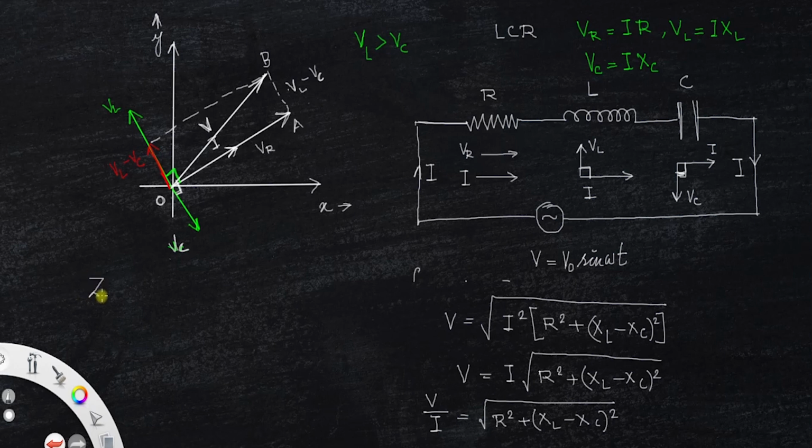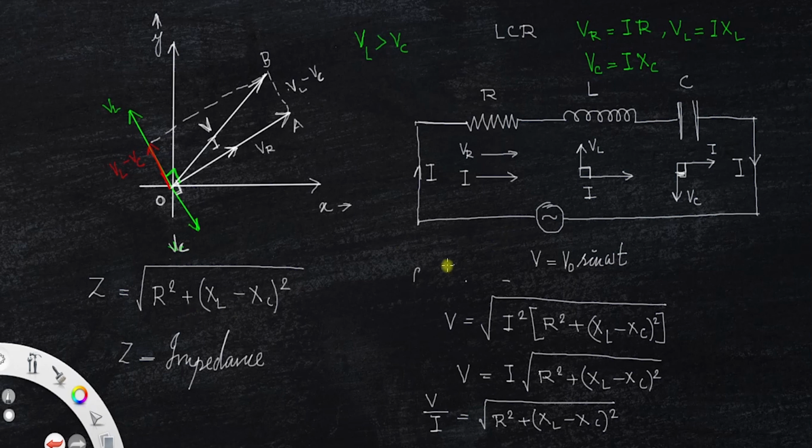So we call that Z. The value of Z is equal to root of R square plus XL minus XC square. Clear? We call this Z as impedance. Impedance is the resistance offered to the flow of current by the series combination of resistance, inductor and capacitance. So this is the expression for the impedance.